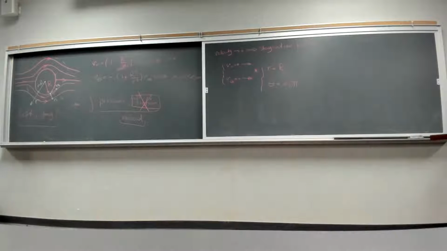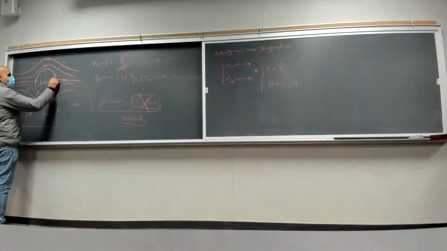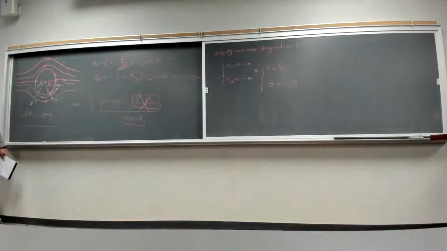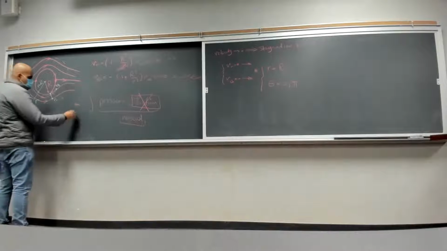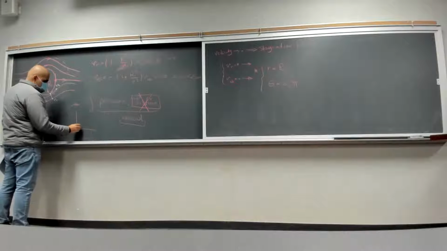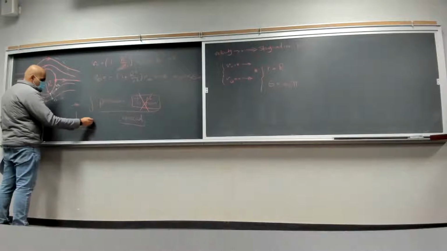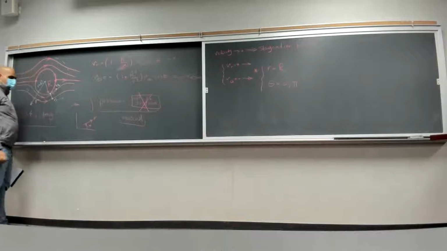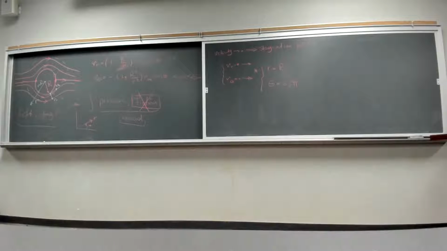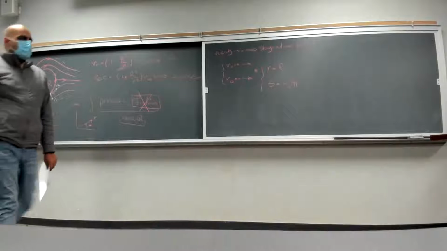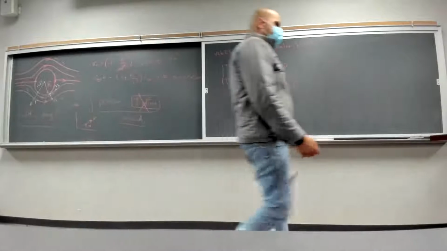One is going to be at this location, and the other one is going to be at this location. And in general, when you're dealing with flows over cylinders, this is going to be your sign convention. This is going to be positive theta, and this is going to be positive r. But this is a sign convention. So we start from 0 here, then rotate to pi over here. Okay, we have the stagnation points.